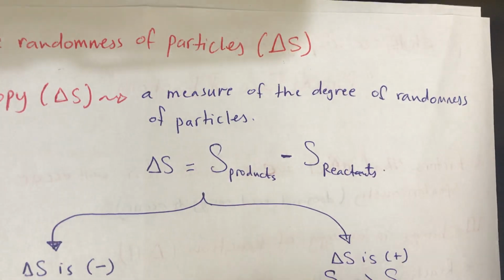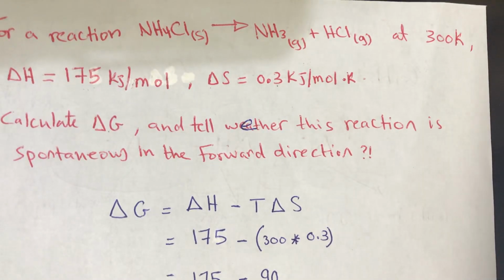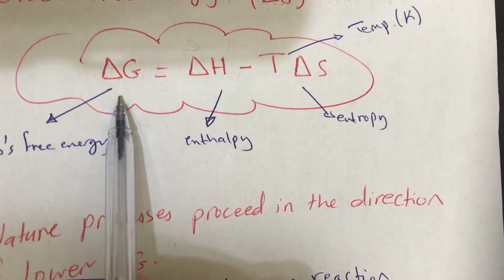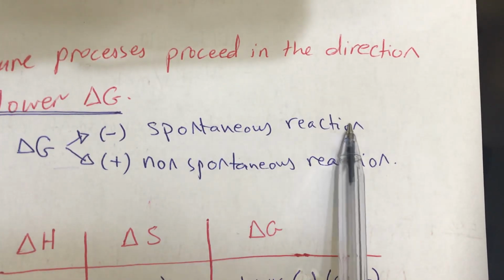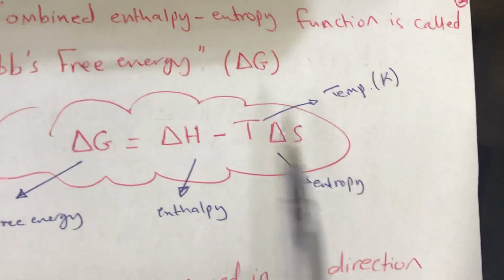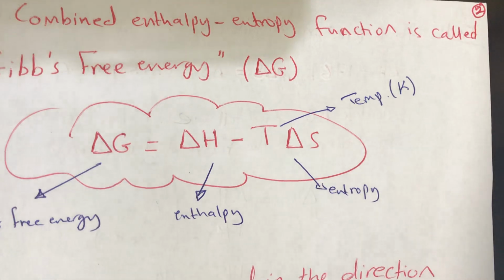So you have to calculate delta G, and it must be negative. For negative, it's a spontaneous reaction. If positive, it's a non-spontaneous reaction. So this is the rule. You have to apply the rule and determine if delta G is negative or positive.